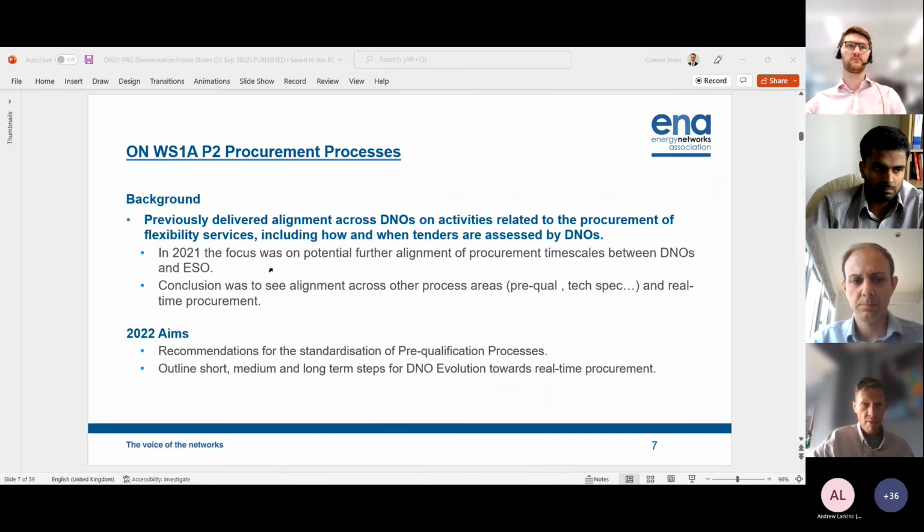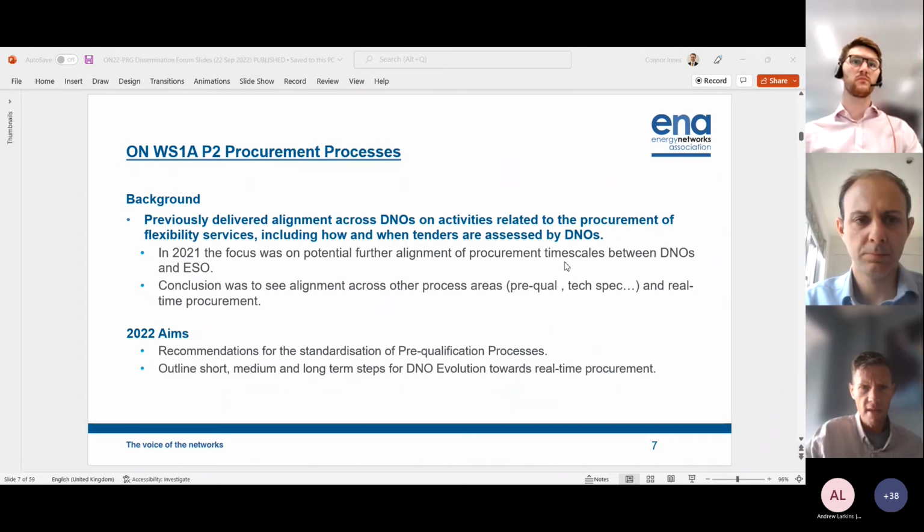And some of you may be aware, previously the DNOs have delivered alignment across some of the activities related to procurement of flexible services. That is, for those that don't know, flexible services is to produce or absorb power in times of need. And then furthermore, in 2021, we looked at how we could further evolve the alignment and understand what could be done to align with the current ESO procurement activities.